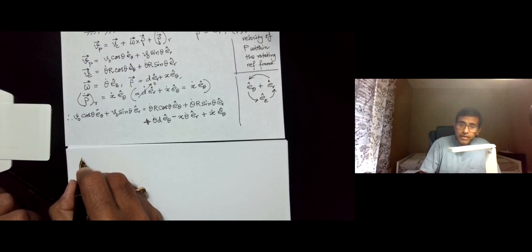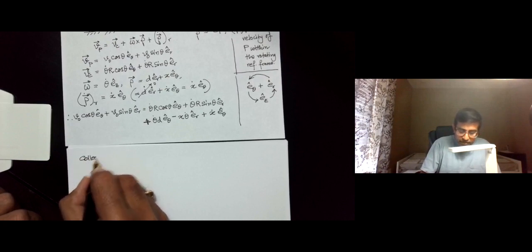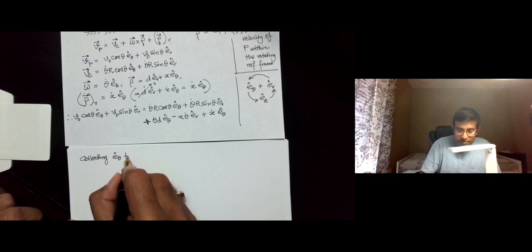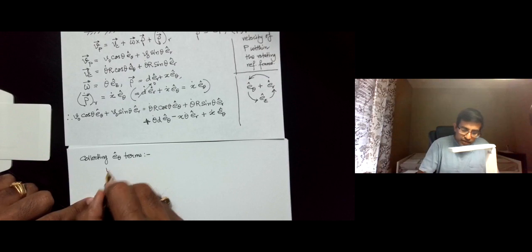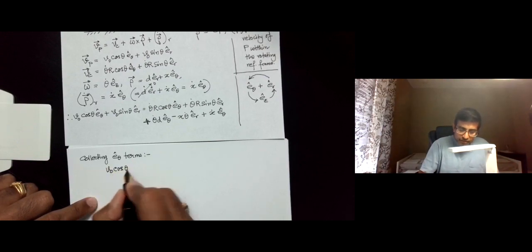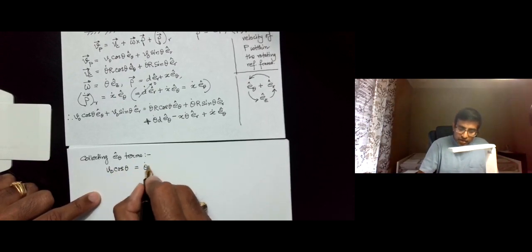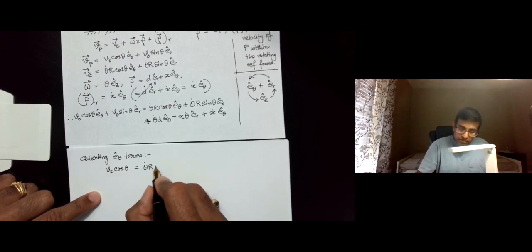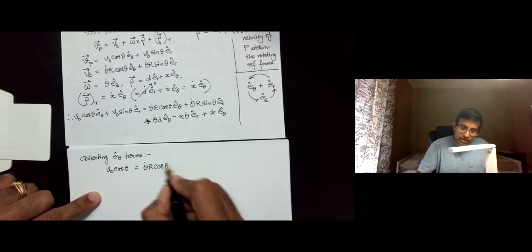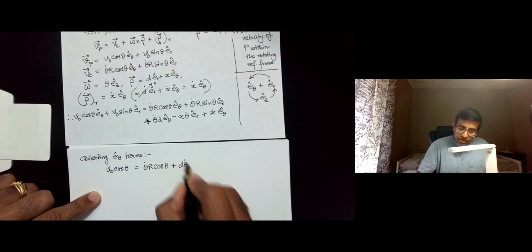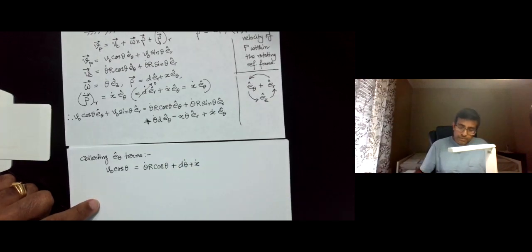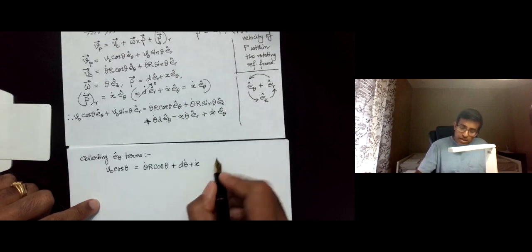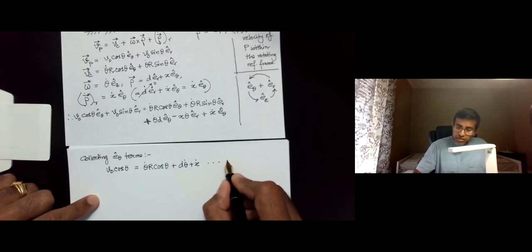Now, collecting E theta terms, we will have V0 cosine theta is equal to theta dot r cosine theta plus d theta dot plus x dot. So this becomes equation number 3.